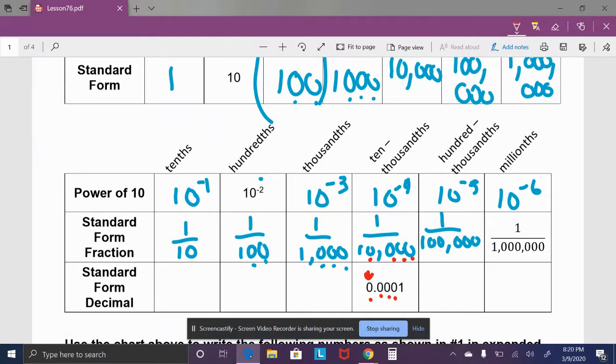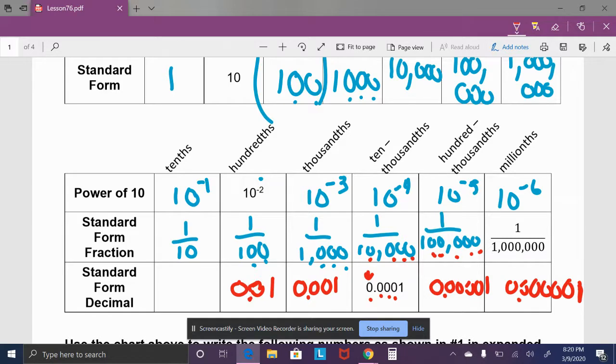So I'm going to write 3 zeros here. 1, 2, 3. 1's after the first 0. 1, 2, 3, 4, 5. 1, 2, 3, 4, 5. 1, and then I put the decimal after the 0. Same thing here. 1, 2, 3, 4, 5, 6. 1. Decimal goes after the 0. Over here, 0, 0, 1. Decimal goes there. 0, 1. Decimal goes there.